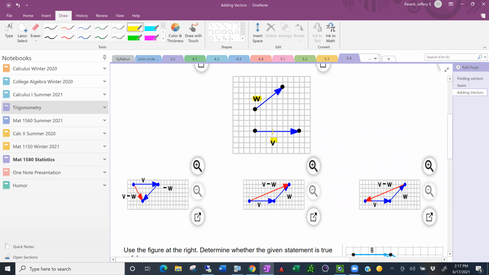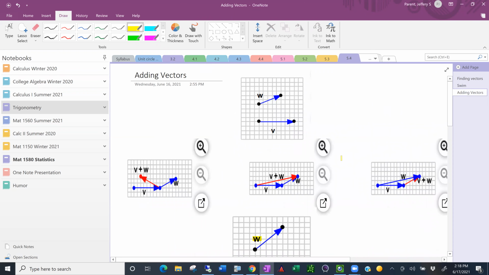They've given you a choice of several different diagrams, and you're to pick which one represents, let's see. Well, actually, they want V minus W. No, I want to do V plus W. Let's do this one up here. Same kind of idea. Here's vector V, here's vector W. You're going to add these together and see what you get.